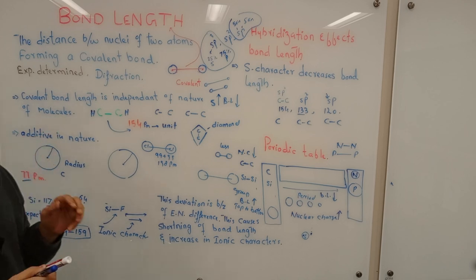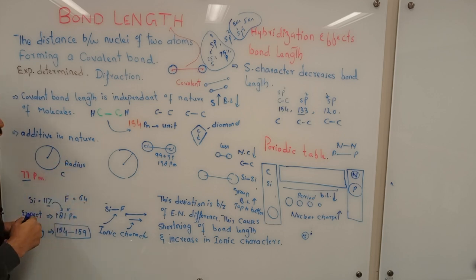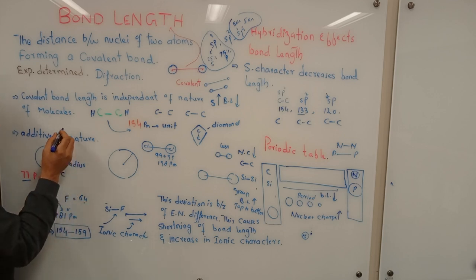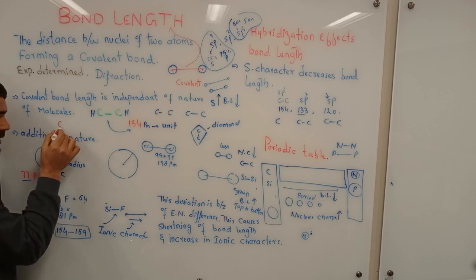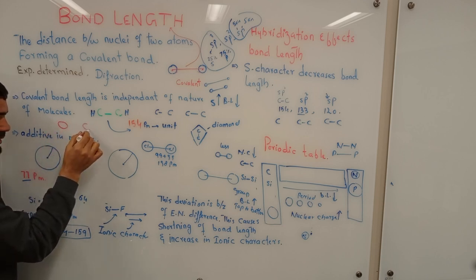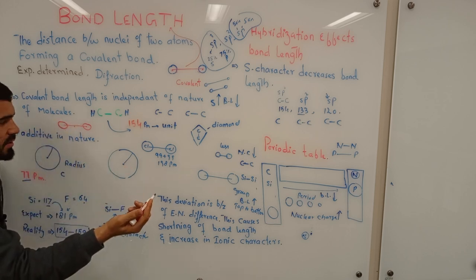The second point is that it is additive in nature. What is meant by this? If you want to know the bond length between two bonded atoms, where this is one atom and this is another atom, and there is a bond length between the two atoms, you do just one thing.